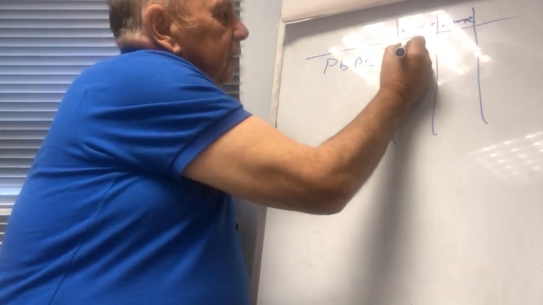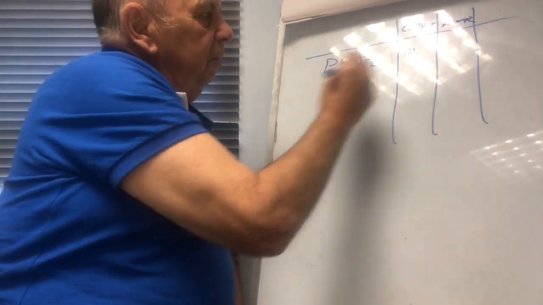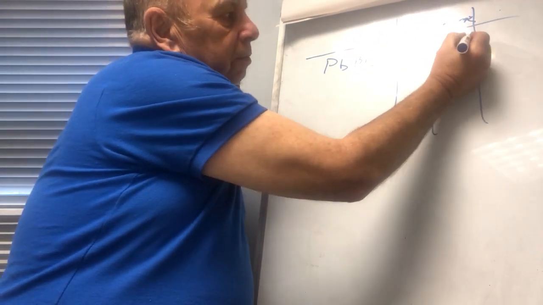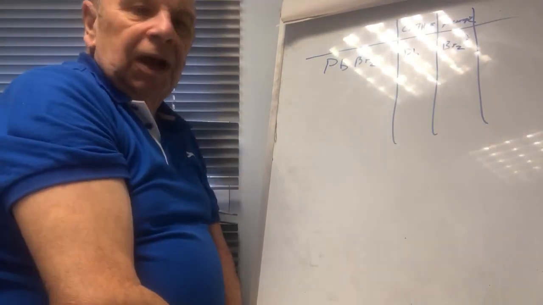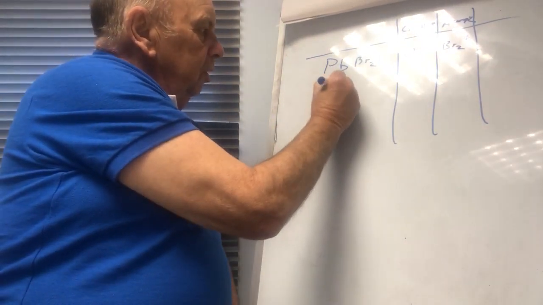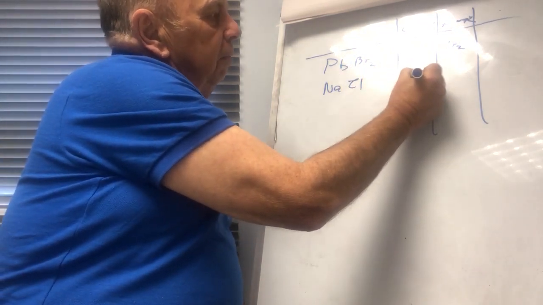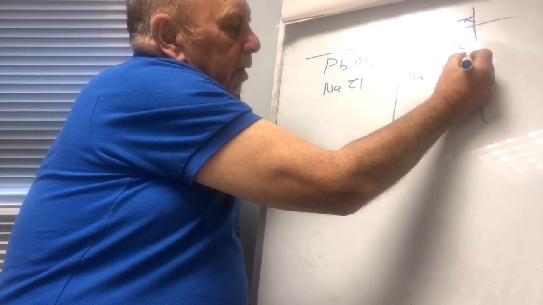What do I get? I get lead deposited at the cathode and bromine, a vapor, comes off at the anode. Let's take sodium chloride next. Sodium at the cathode, chlorine at the anode.